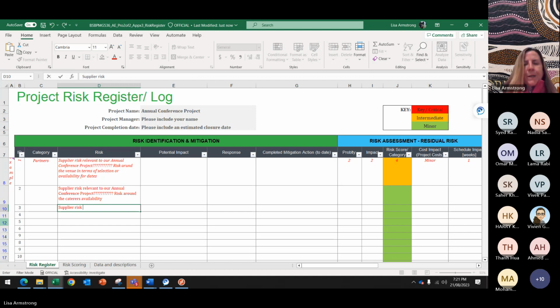Supplier risk relevant to the speakers for the annual conference, where speakers may be unavailable or may have attendance issues even after they have confirmed following booking. Very good. Great.